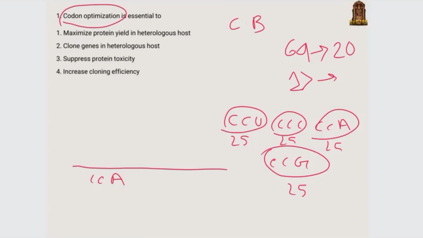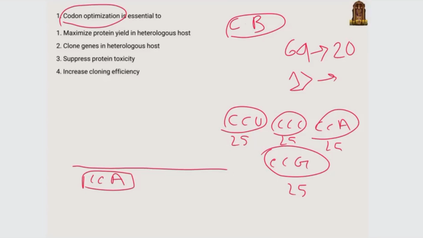So here comes the codon bias. In most of the cases you will get the CCA codon. The CCU, CCC, CCA, CCG, anything could be there, but in most cases when you want to synthesize proline, you will get CCA.